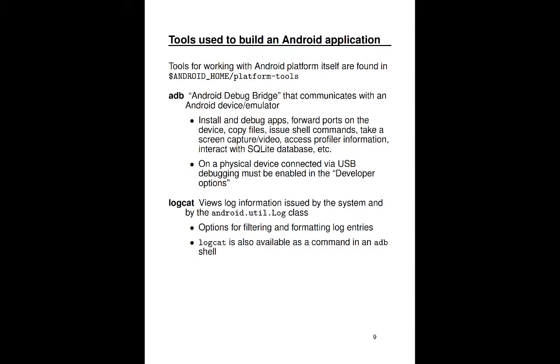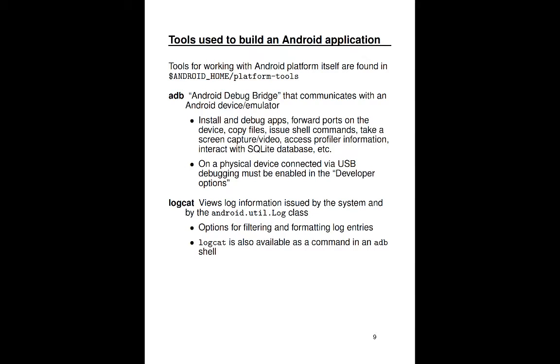This is a tool that communicates with an Android device or an Android emulator and lets you do things like install and debug apps, does all the port forwarding for you, move files between your local file system and the device, take a screen capture or a video of what's happening on your Android device, and also access the SQL database and profiler information. And again, ADB works not only with emulated devices, but also with physical devices. So if you've got an actual physical Android device connected to your local machine using USB, you can use ADB to access that, but you have to enable developer options on the device first.